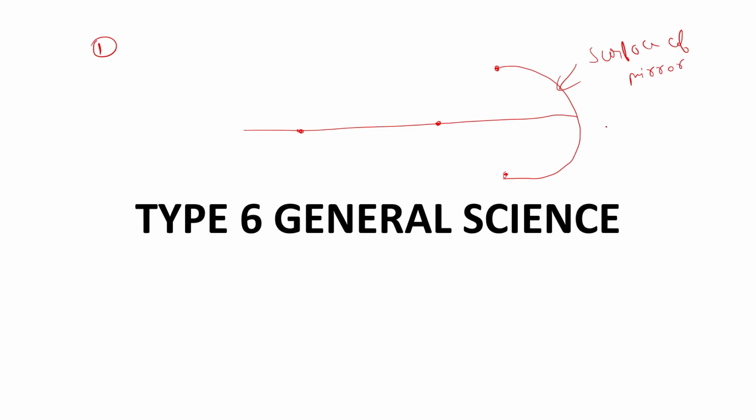First case is, now, this is the mirror. Some things I would like to clear here before we go to the diagrams. This is basically known as the surface of the mirror.